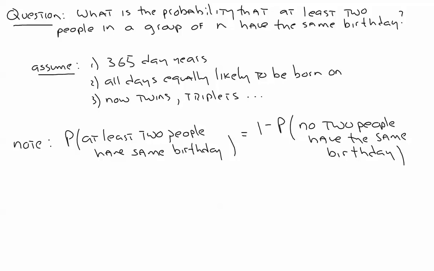So it's actually the probability that no two people have the same birthday that we're going to solve first, and then we'll eventually subtract that from 1 and answer the question we're after. Okay? All right. Let's piece this together.